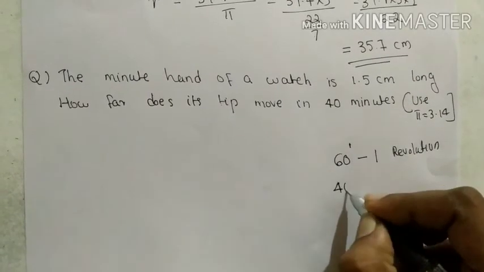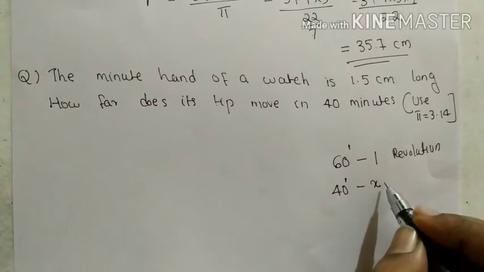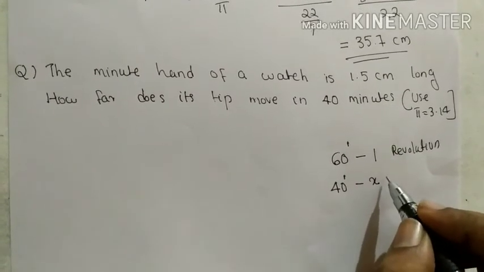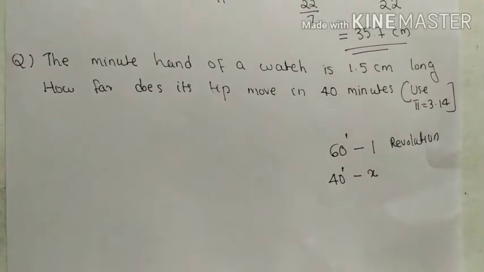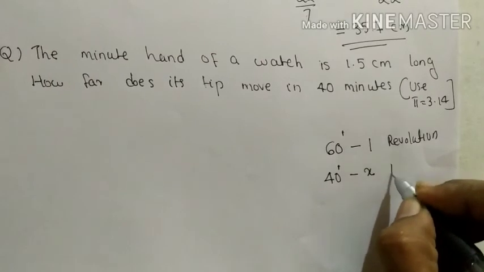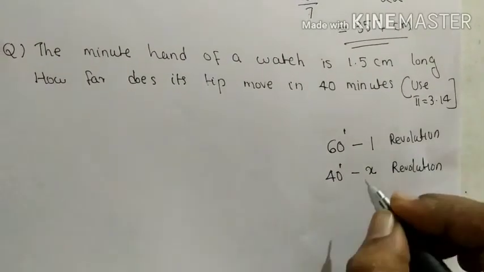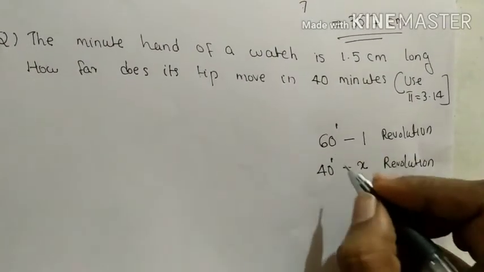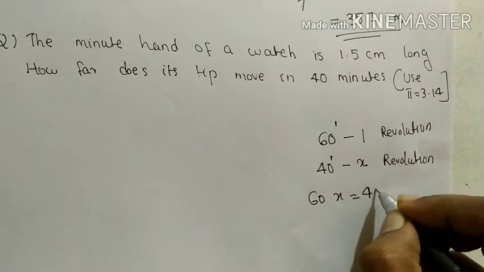In 40 minutes, X revolution. Okay, so in 40 minutes it completes X part of revolution. That we have to find out, the value of X here. Okay, so from this we get, by using cross multiplication, 60 X equal to 40, right?